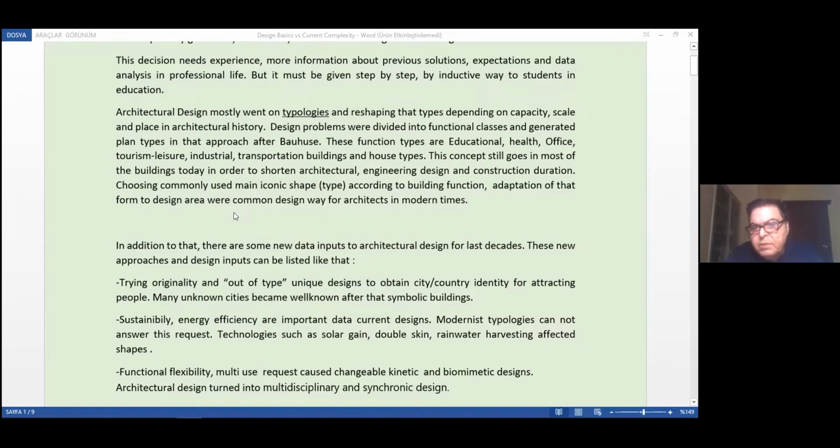This concept still goes in most of the buildings today in order to shorten architectural engineering design and construction duration. Choosing a commonly used main iconic shape type according to building function and adaptation of that form to the design area were the common design way for architects in modern times.